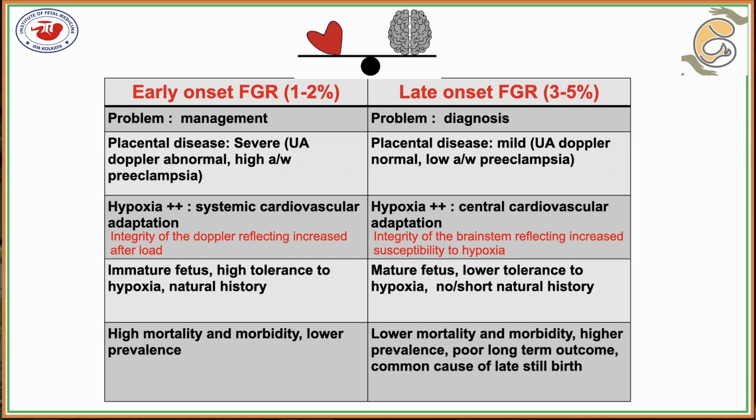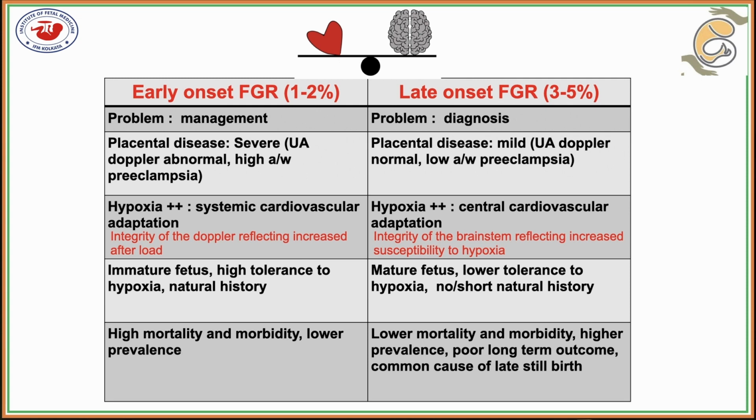But the problem happens at this stage, your brainstem becomes active. In the early phase, less than 30-32 weeks, your brainstem is not mature. So the brainstem does not understand what hypoxia is happening and how it should react. But after 30-32 weeks, the brainstem starts getting matured, so it starts sensing hypoxia.